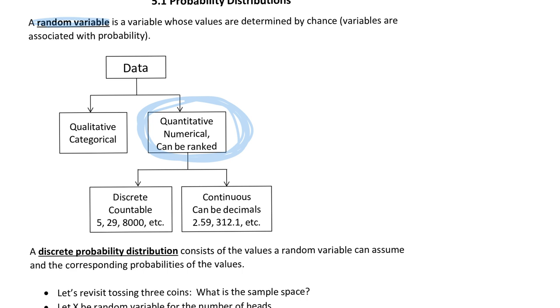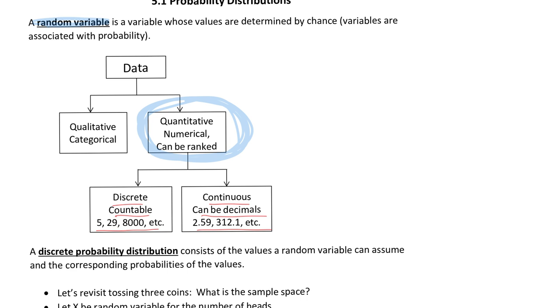There are two types of quantitative data. We can have discrete, which is countable. For example, the number of players on a team or the number of students in a class. I can't have 24.2 students in my class. I either have 24 or maybe I have 25. We can have continuous, which includes decimals.